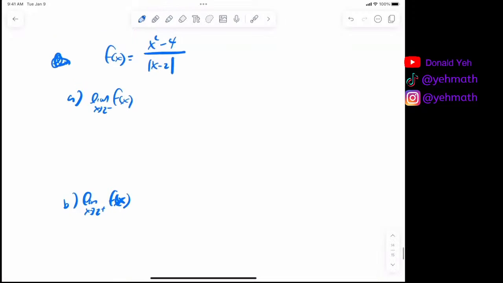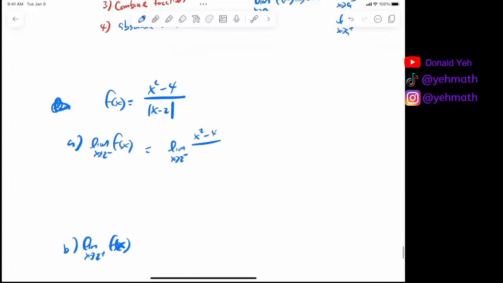Now, about this part: if you have the limit as x approaches 2 from the left side, last year I already told you that you can decide which function it is, right? At 2, I'm going to have a piecewise function, and this piecewise function we are going to call x plus 2 and x minus 2.